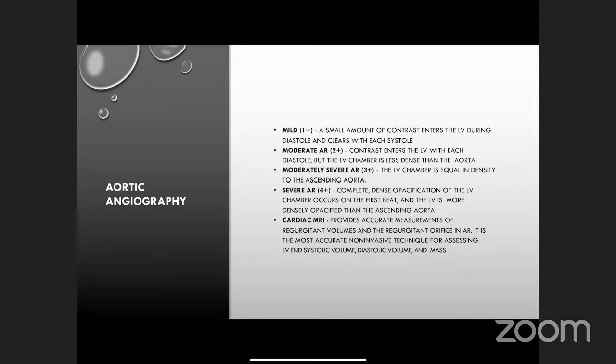Moderately severe AR, +3: the left ventricular chamber is equal in density to the ascending aorta. Severe AR, +4: complete dense opacification of the left ventricular chamber occurs on the first beat, and the left ventricle is more densely opacified than the ascending aorta.